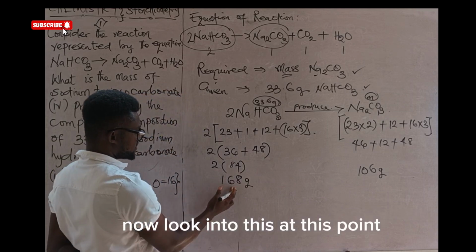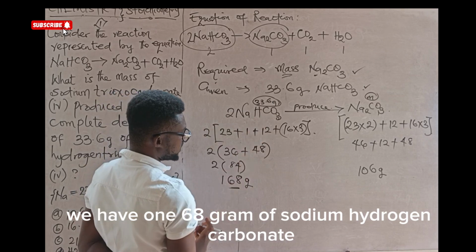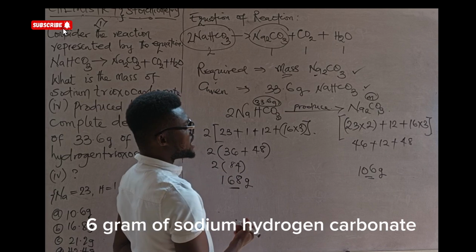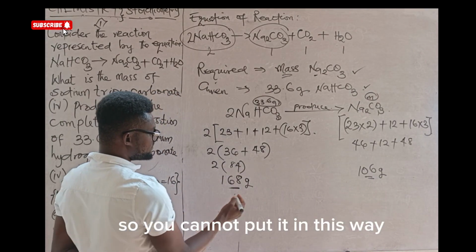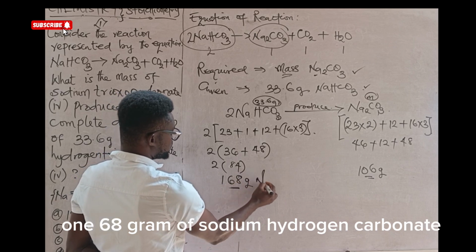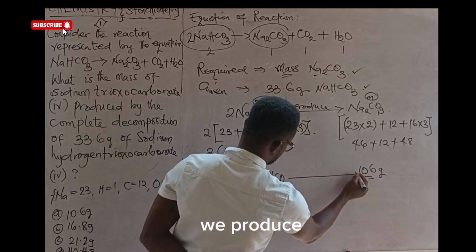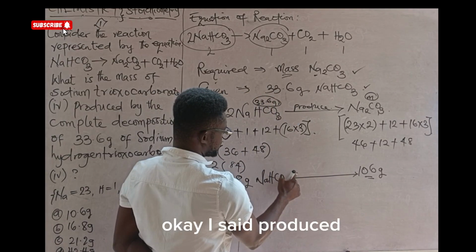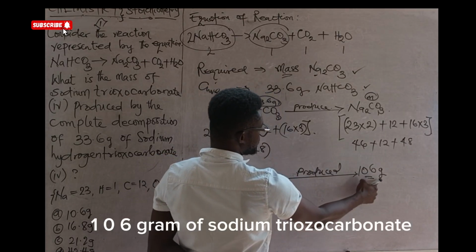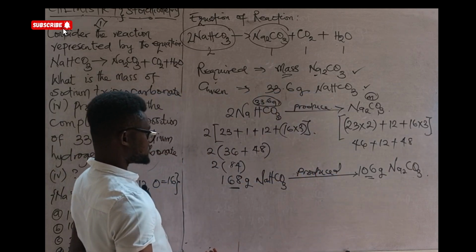Now look into this. At this point, we have 168 grams of sodium hydrogen carbonate, which will produce 106 grams of sodium carbonate. So you cannot put it in this way. 168 grams of sodium hydrogen carbonate will produce 106 grams of sodium carbonate.